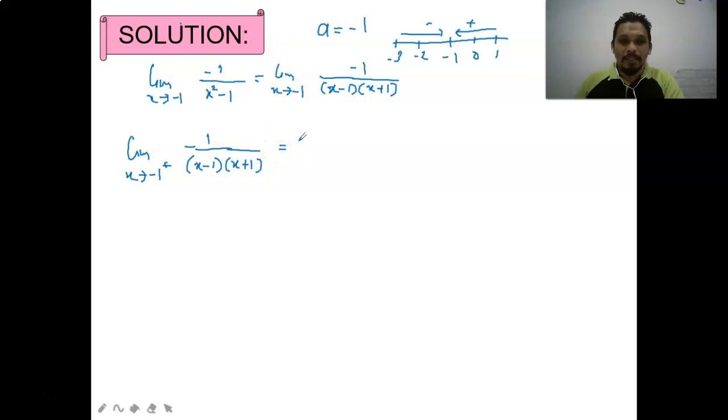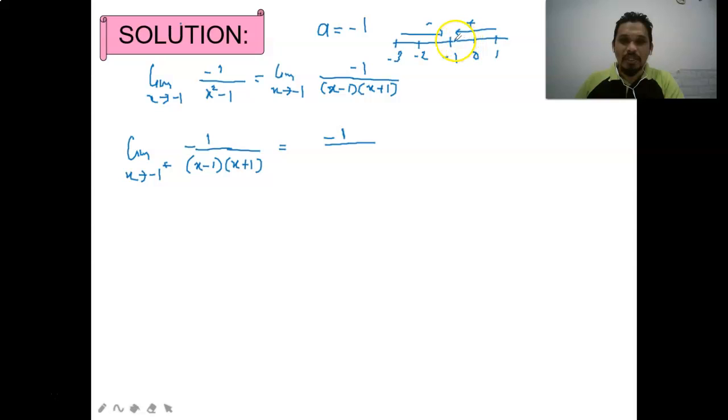Okay, so just imagine that if we substitute with negative 1 here, divide by x approaching negative 1 from the right side: 1, 0, negative 0.5, and so on. Let's say I choose negative 0.5.